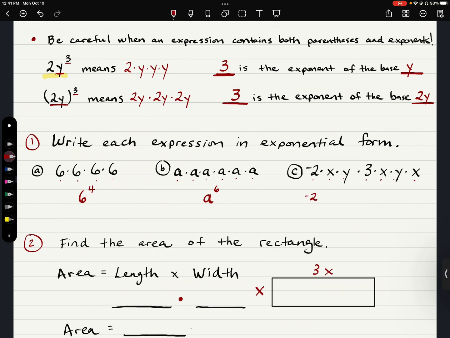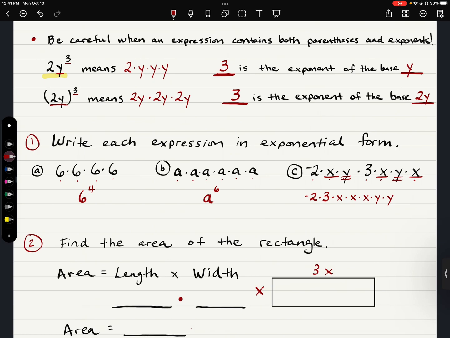So in this case, I'm going to think of this as negative 2 times 3, because those are compatible. I can actually multiply those. And then I have times x, and I see here that I have 3 x's. So it's x times x times x. And then I've got 2 y's, so I'm going to say times y times y.